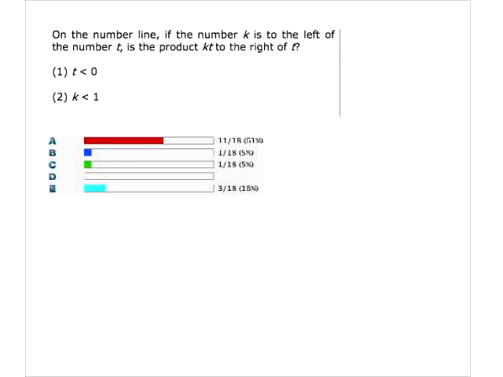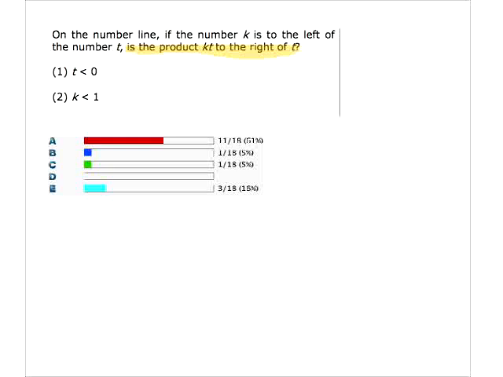Go ahead and type in the text box. What does to the right of mean? Careful, not really. Yeah, it's an inequality. It's not a positive negative thing. To the right of 0 means positive, but nobody's talking about 0 here.